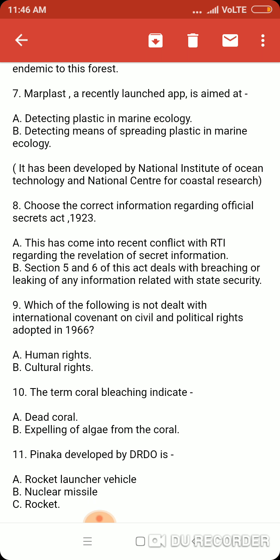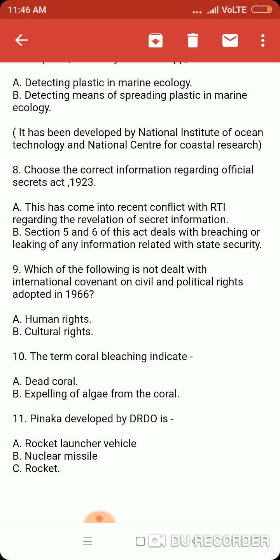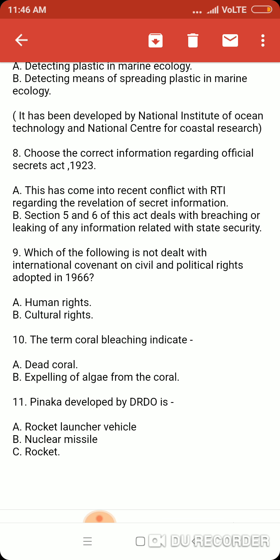If anybody detects any plastic, they can upload a picture in the app, and through the app the concerned authority will be able to detect the position of the plastic. Not only this, it will also detect the several methods because of which plastics are spreading in the marine environment. It has been developed by the National Institute of Ocean Technology and the National Centre for Coastal Research.